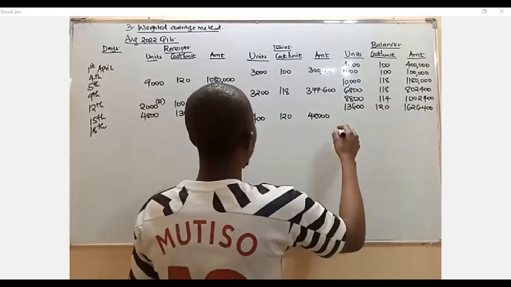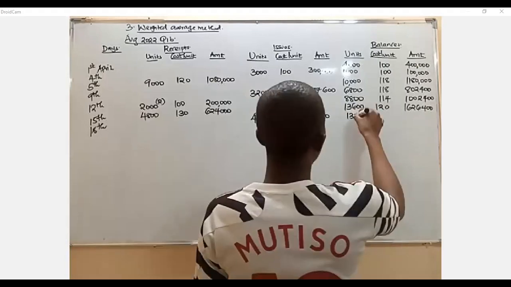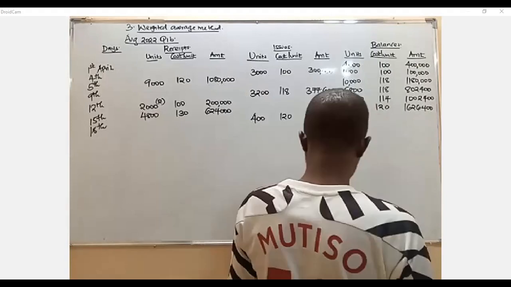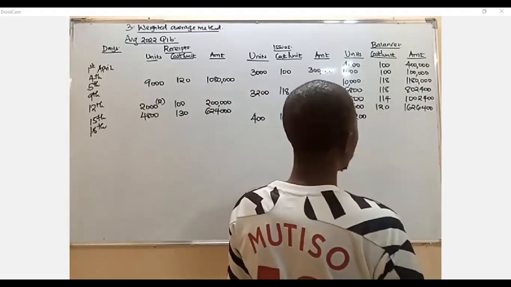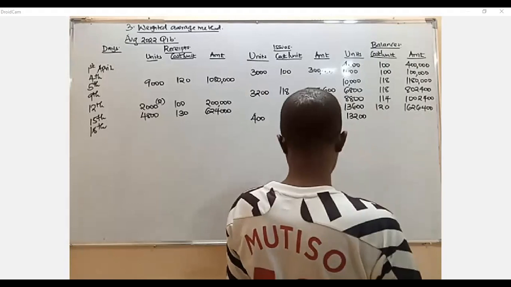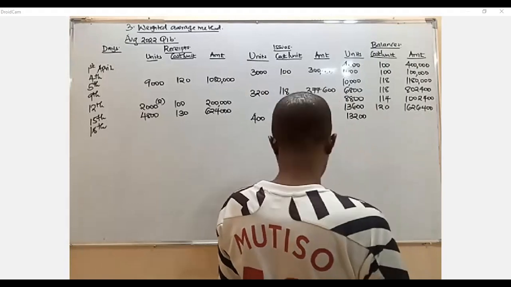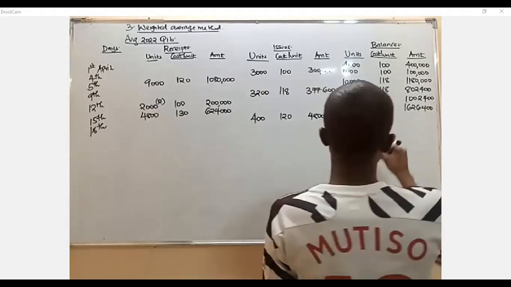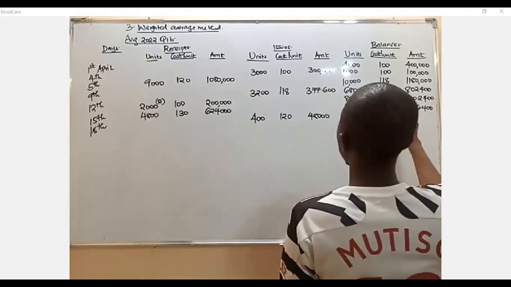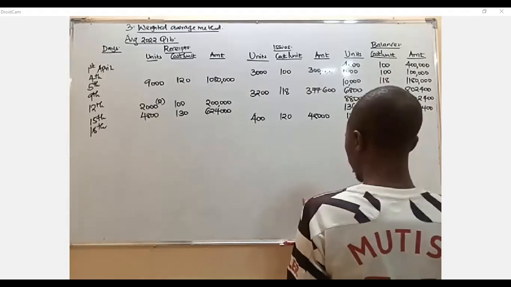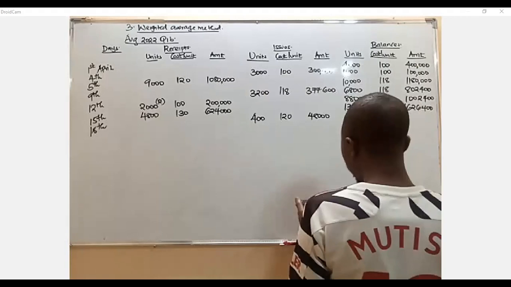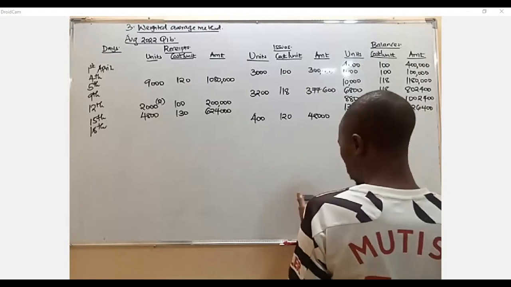So here we are getting 13,200, right? Have I done correctly? No. 1,626,400 minus 48,000.